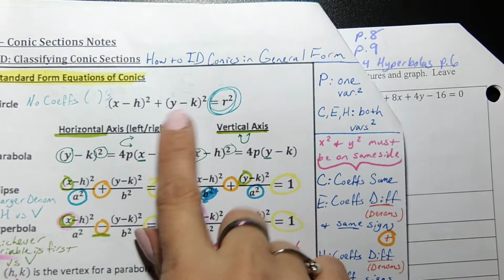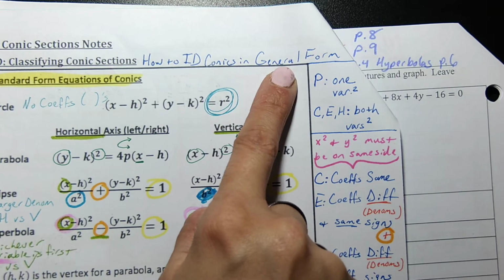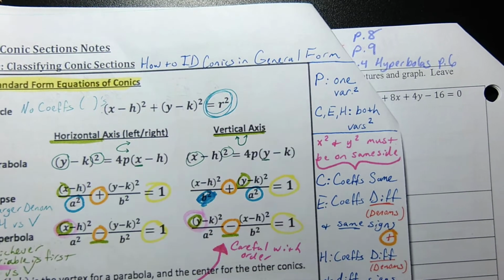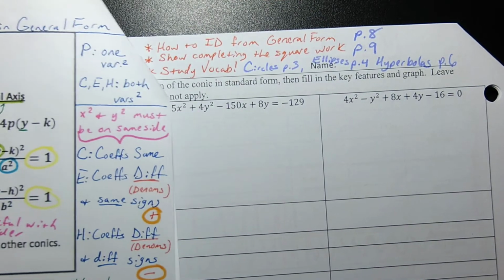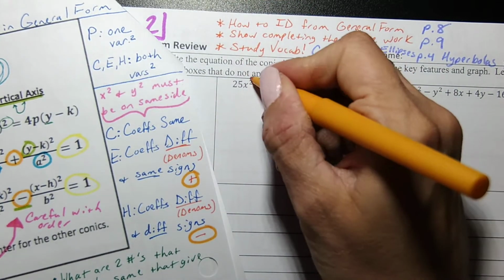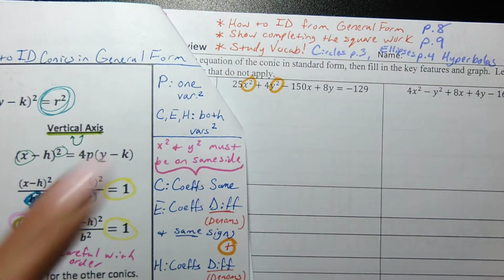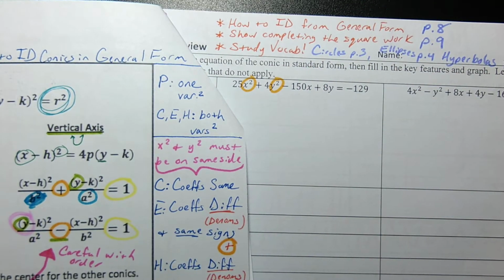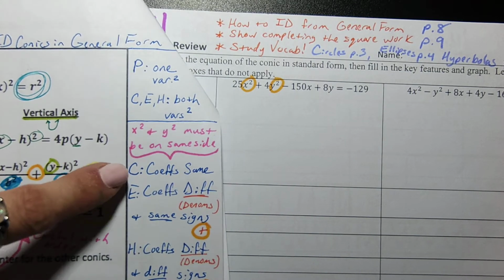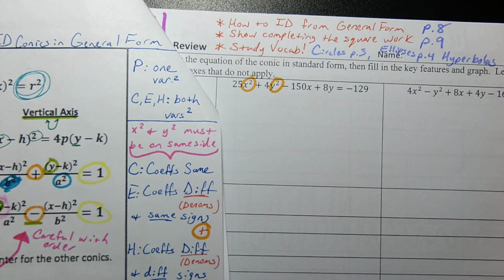And there they are. How to ID a conic in general form. So first, identify which variable is getting squared. So who's getting squared in this equation? X and Y are both getting squared. So can't be a parabola, and I already told you we're not doing any parabolas on this test. X squared and Y squared have to be on the same side before you start comparing the other features.